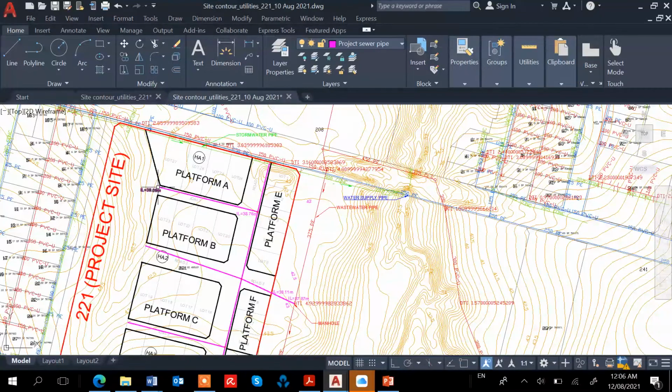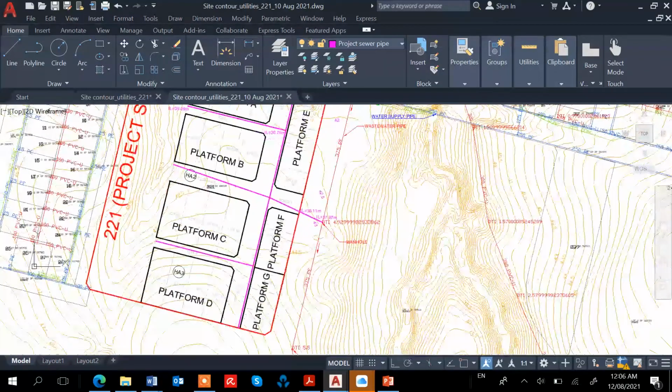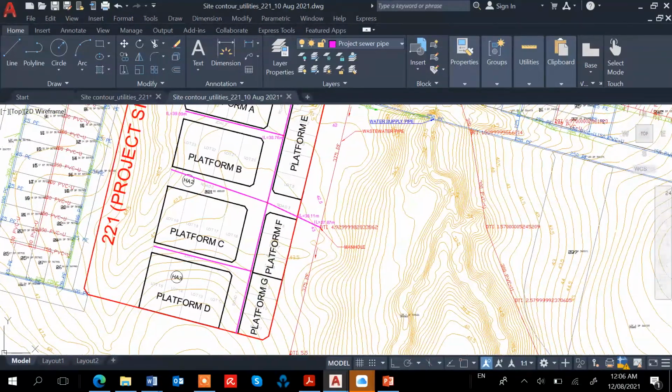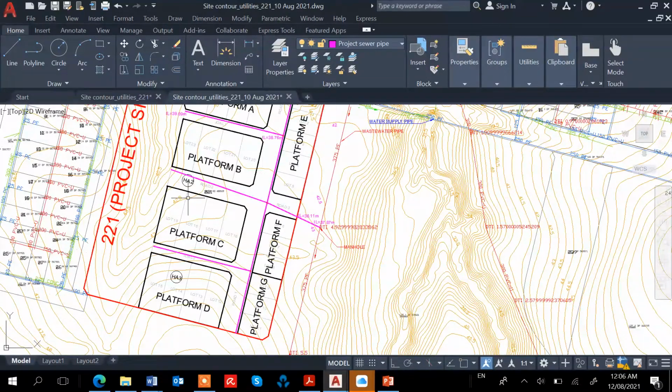Okay, if we put the pipes below the road, because the platform is flat, the road will be flat as well at this point. Okay, the road will be flat between the platforms.